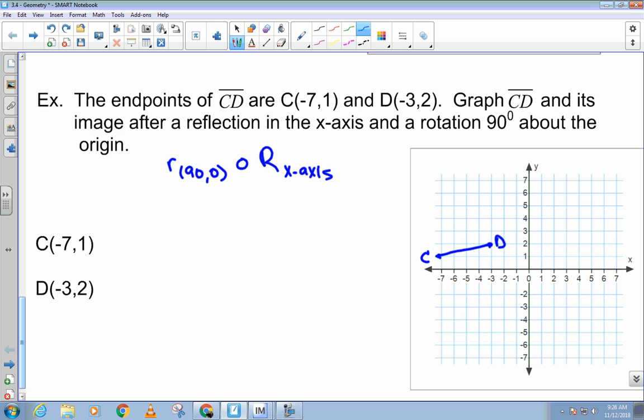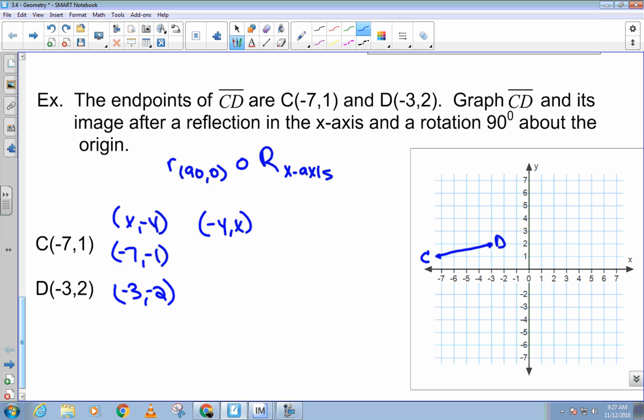Okay, what's the rule for reflecting over the x-axis? You change the y, so it's (x, -y), and then you rotate 90 degrees. So what happens when you rotate 90 degrees? You change the sign of the y and they switch places. Okay? Alright, so C becomes -7, -1, and D becomes -3, -2.